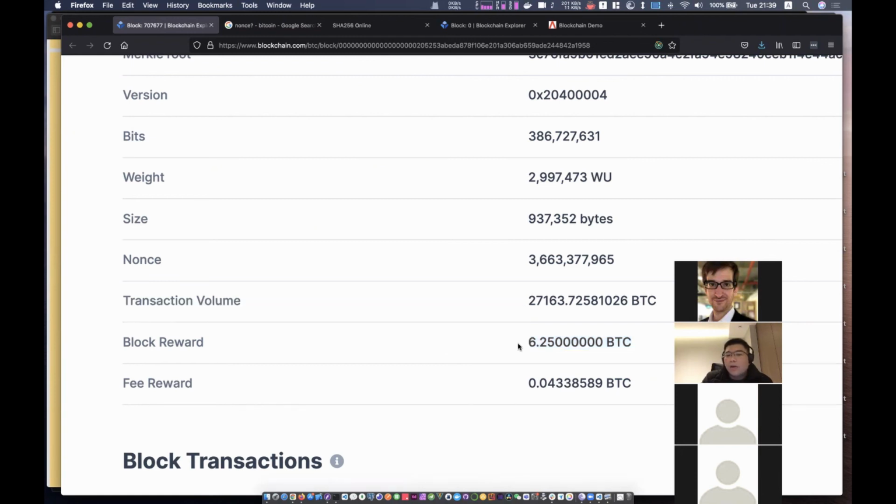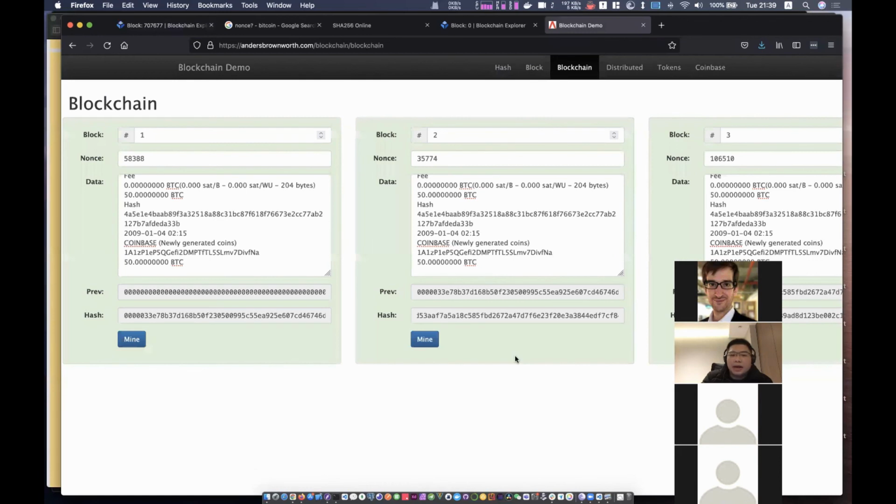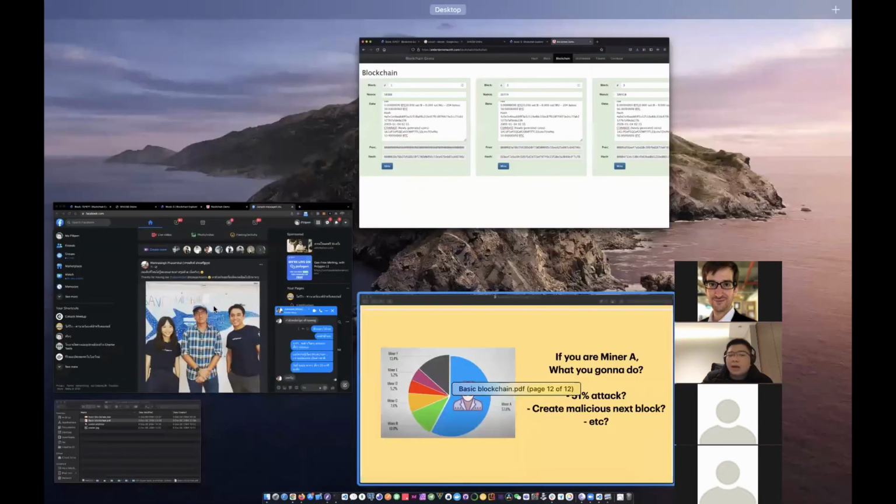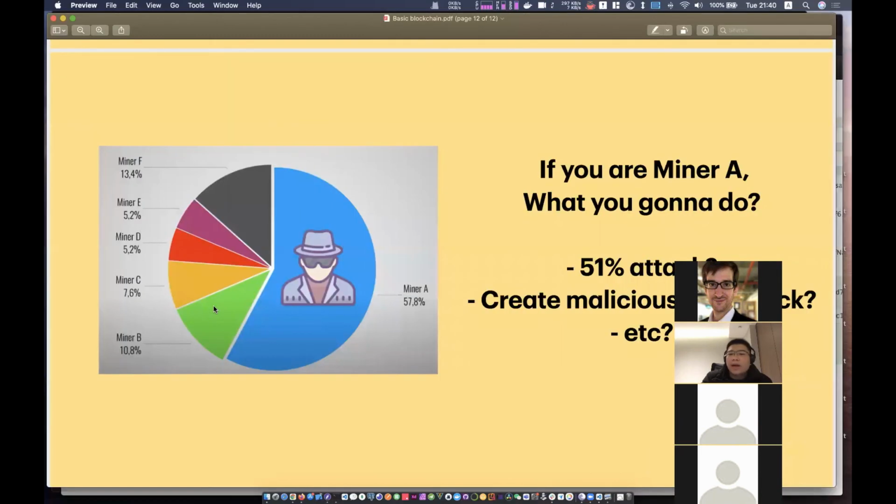So one day the block reward is going to be zero, and the miners are going to rely only on the fee reward. This one, okay, leads to the question that some miners will not have a profit from what they do for the hashing. So they might exit before.